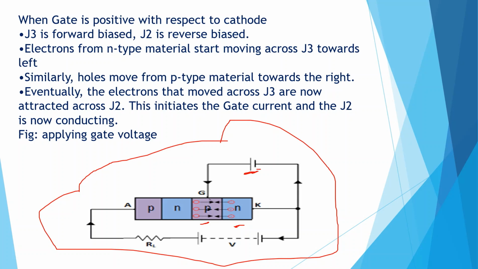And this acts as an input for base of transistor 1. So because of the regenerative action, large amount of current starts flowing through the SCR. And this is the state when we say that SCR has been fired or it has been switched on. So this operation is better understood by looking at the two transistor circuit.